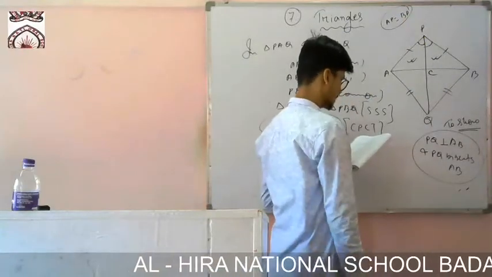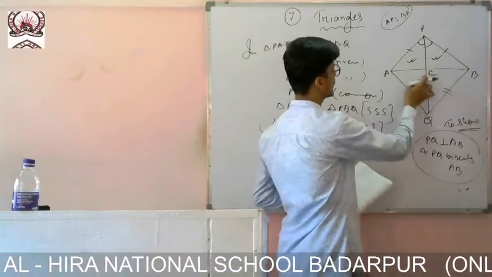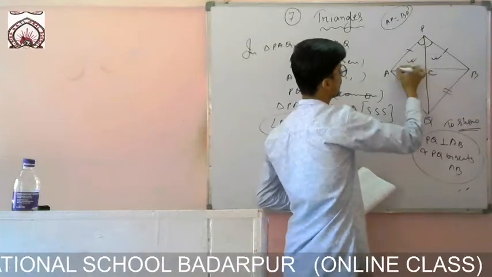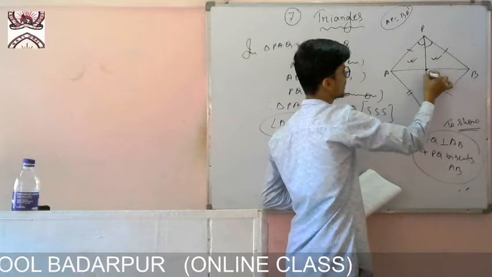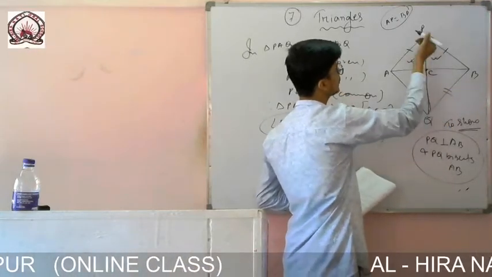Another one, that angle APC. This angle whole one, APQ and APC. I can stop it at C also, because this one is just extended up to Q, so the angle will remain same.